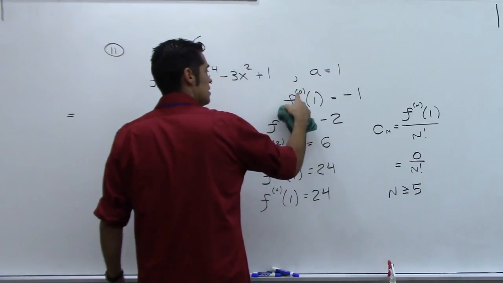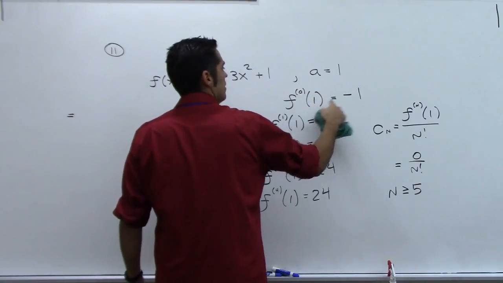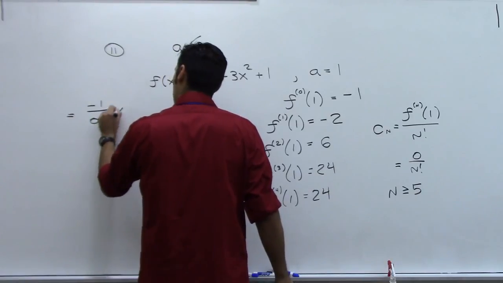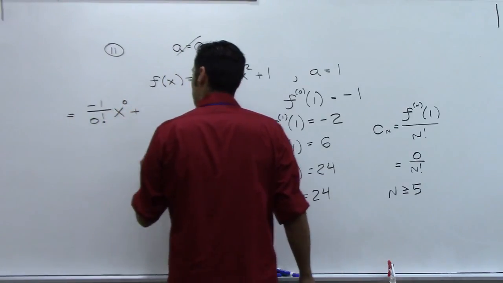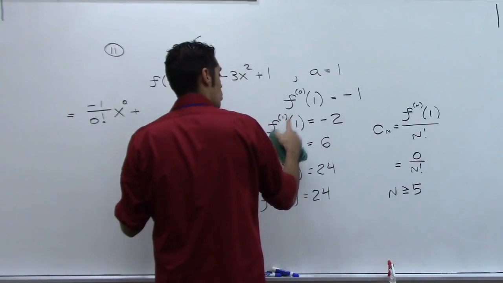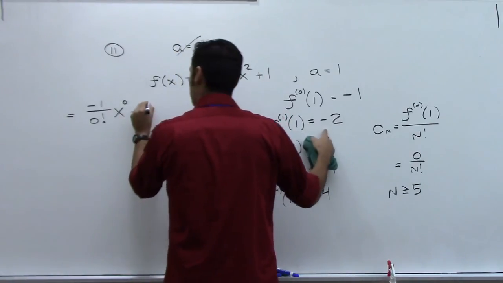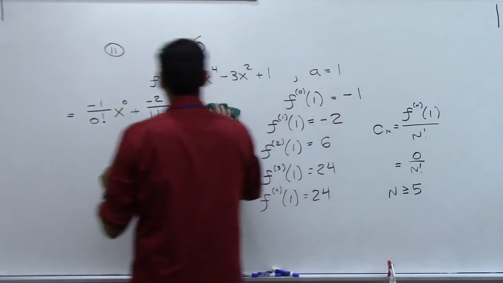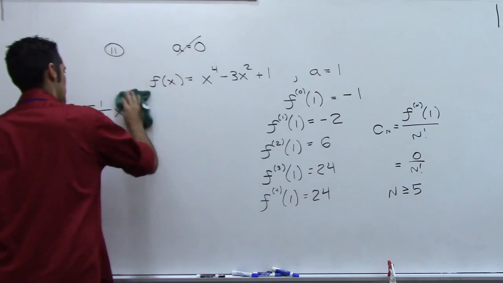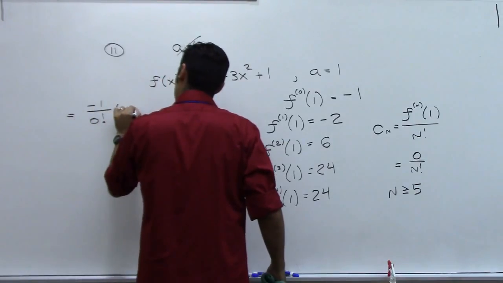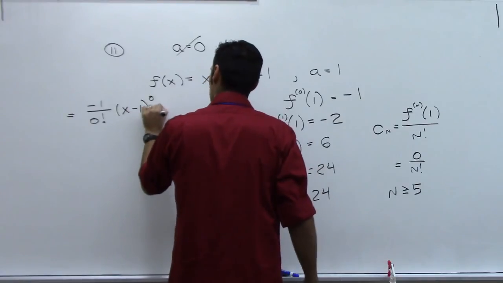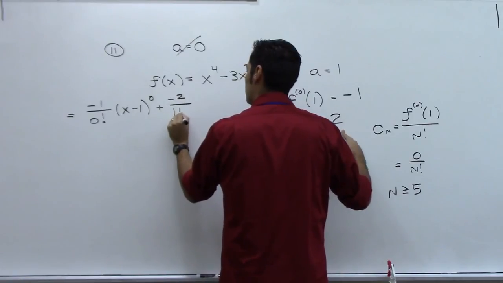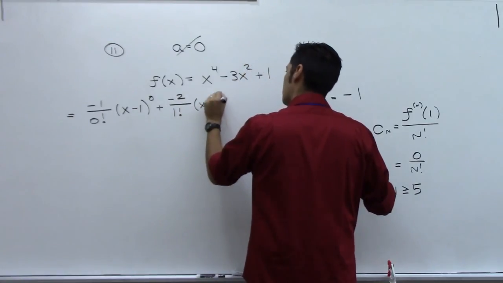C sub 0 is the 0th derivative at a, which is -1, over 0 factorial, x to the 0, plus, now c sub 1 is going to be the first derivative at 1, which is -2, over 1 factorial, x to the first, sorry, I messed up. It's not x to the 0, it's x minus a to the 0, plus then -2 over 1 factorial, then x minus 1 to the first power.